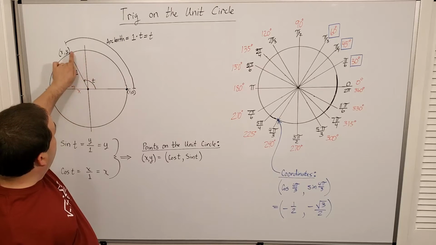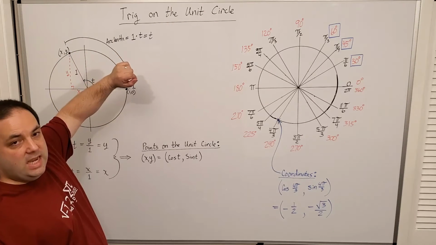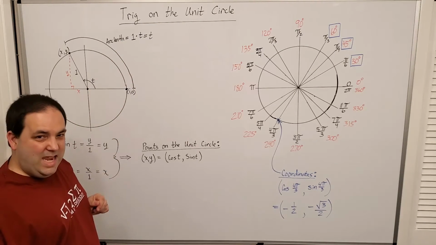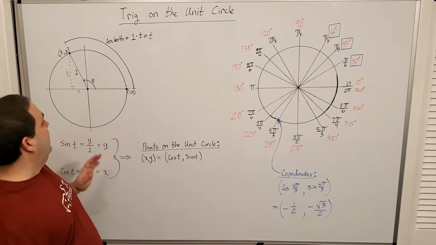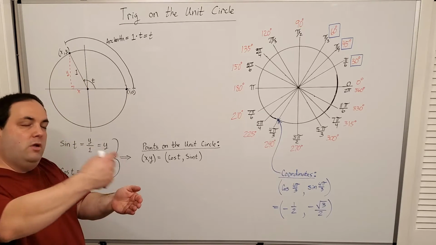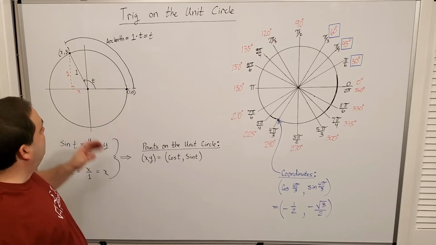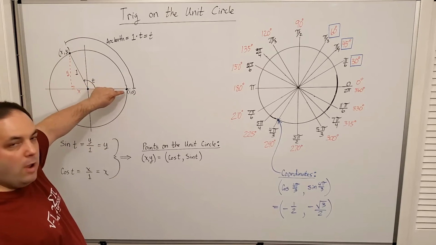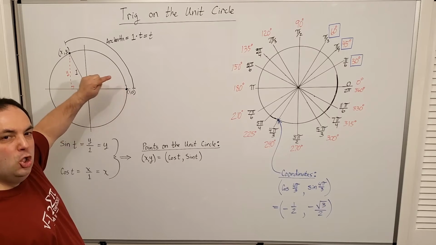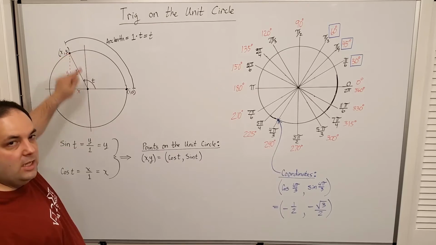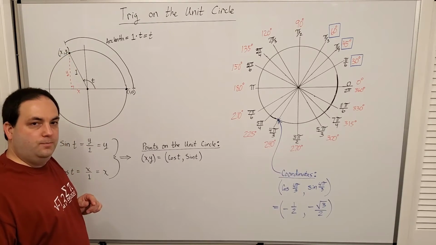So the length of this is going to be 1 times t, because it's radius times angle, which is also t. So get this. Not only is t representing the amount of rotation now, since it's on a unit circle, t also represents a physical length from a starting point to an ending point on this circle.